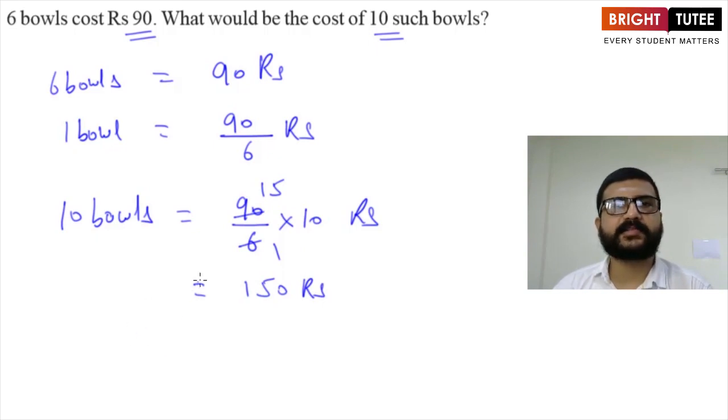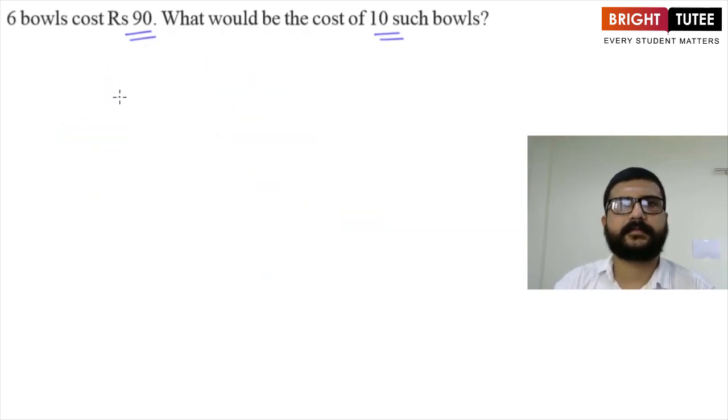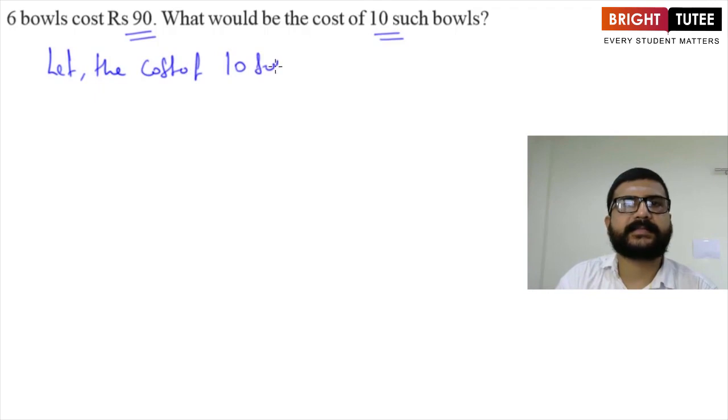Can we have any other method also? See, this was the unitary method. Now let's try to find the answer by equating the proportion. So here we can assume, let the cost of 10 such bowls be x rupees.